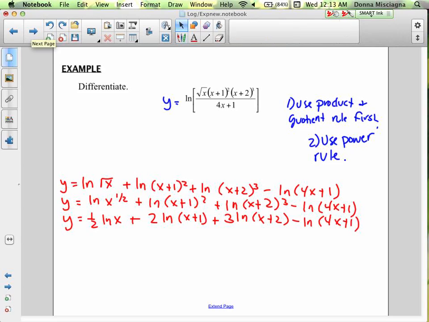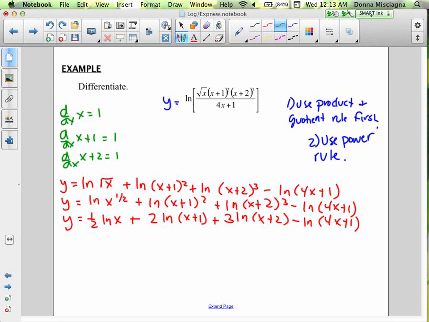The derivative of the x is just 1. The derivative of the x plus 1 is just 1. The derivative of the x plus 2 is just 1. But the derivative of 4x plus 1, that's 4. So that one's going to have something in the numerator other than 1.